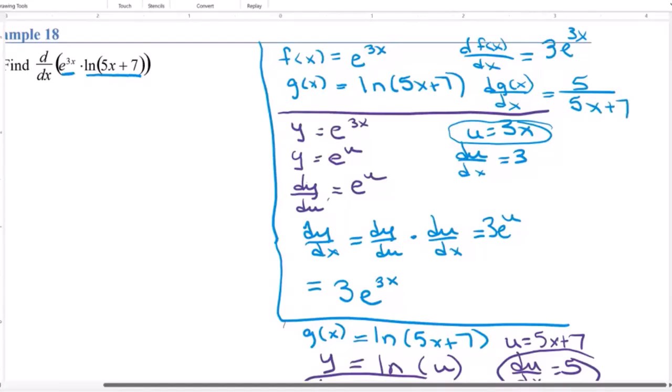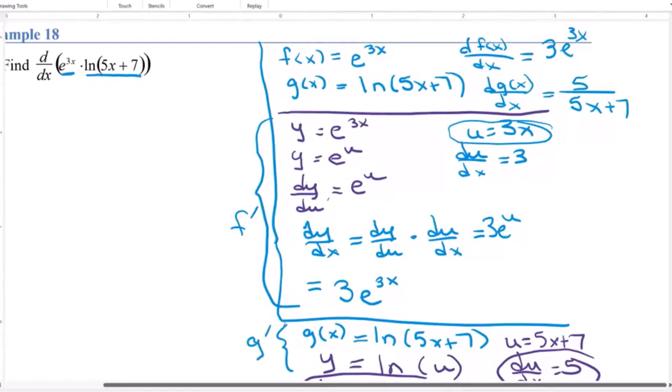Okay, so I've identified these so that I could solve for f prime and g prime, because f prime and g prime all on their own were not simple derivatives.